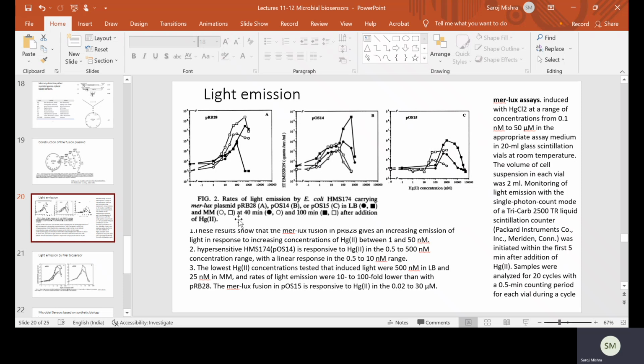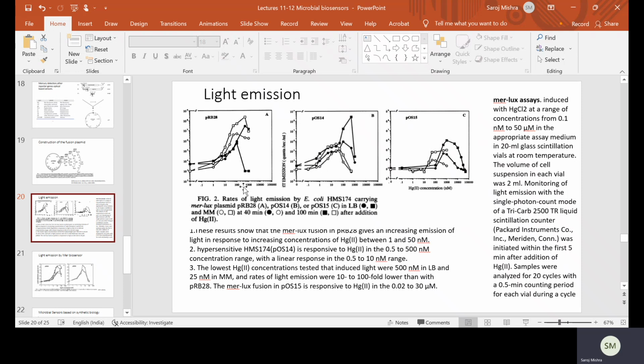Okay, so in this cell suspension which you have taken in a medium, gradually you are going to add mercuric ions, for example. The concentrations are going to be varied, and that is what is shown on the x-axis right here. So the numbers which you read here are 0.1, 1, 10, 100, etc. The same scale is used here, and here. And it says mercury concentration in nanomolar. And the same scale is also used for the other two data.